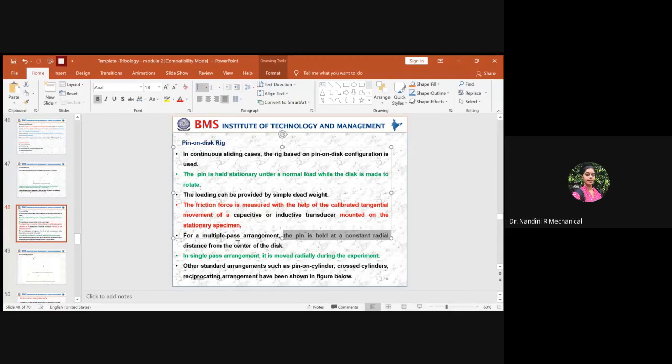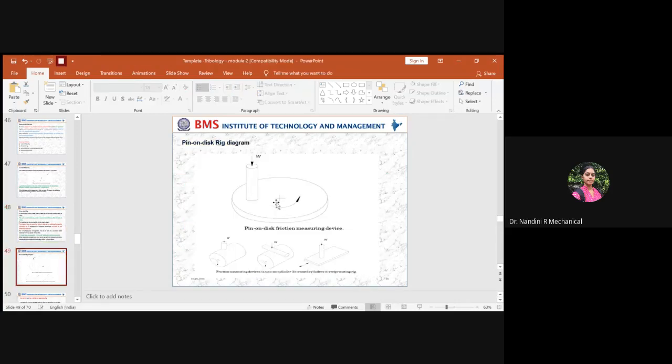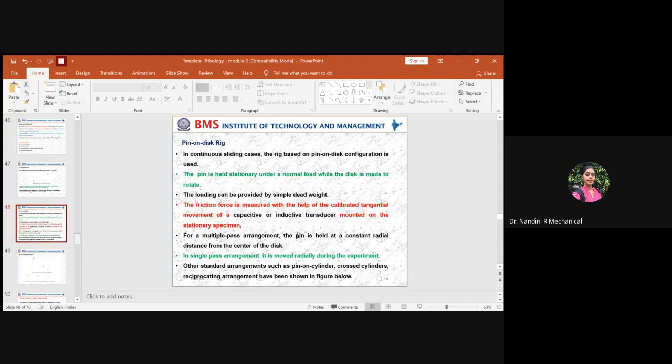If you need the sliding motion, then the pin will be arranged at a particular distance from the center. So you have to see the distance needed from the center to the point where you are fixing the pin. If you do that, then passes 1, 2, 3, 4, whatever, can be got as per the requirement. So this is for the multi-pass arrangement.